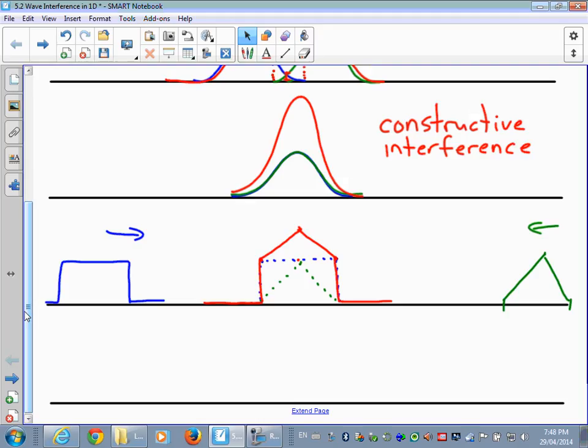Anyone who deals with oscilloscopes or any kind of sound generation, if you're thinking of going into music production or whatnot, or going into computers, you may see something like this. For right now, our purpose is just to show the processes that happen with interference. So this is constructive interference. The waves interfere constructively, adding to their displacements.